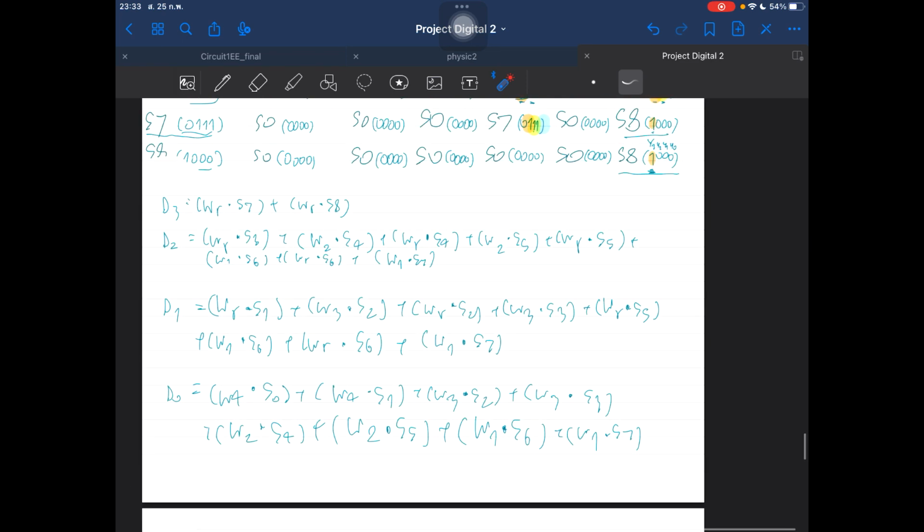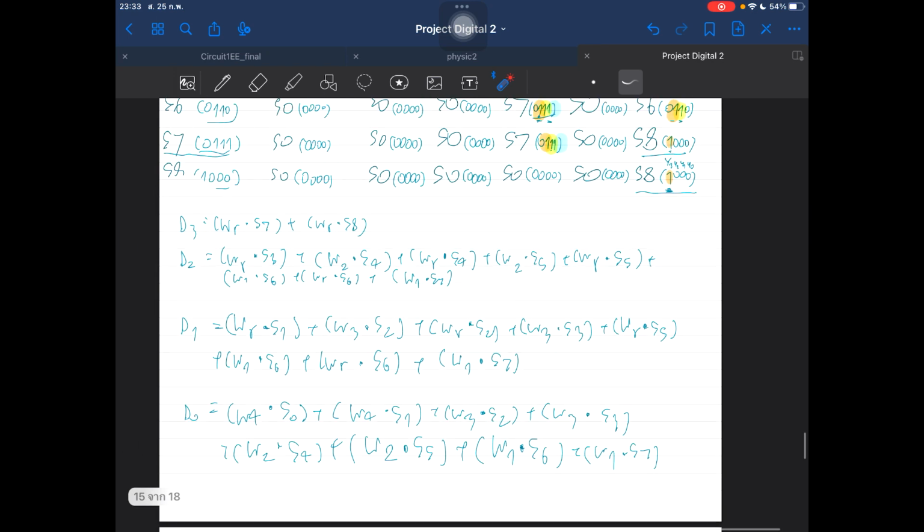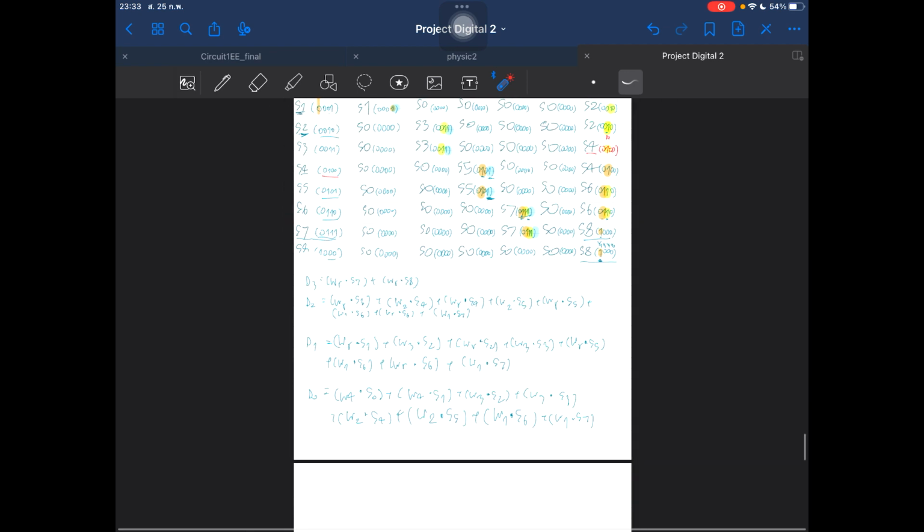Then this is all the names of the equation. Then we will write the name inside of them.